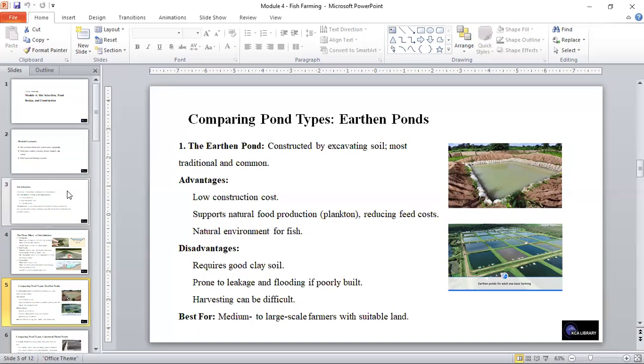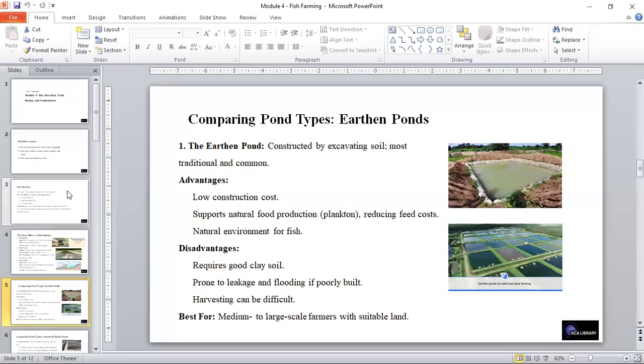The advantage is number 1, there is low cost of construction. Number 2, it supports natural food production and reduced feed costs. And number 3, there is a natural environment for the fish. However, the disadvantage includes it requires good clay soil.